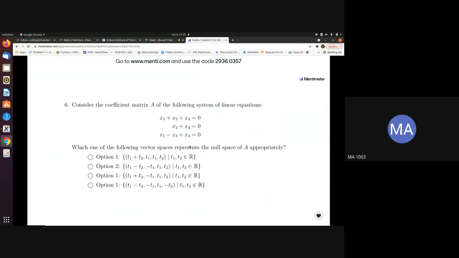So let's start with this problem. I have taken some problems from the activity questions themselves, but I want to discuss the concept basically. I have a set of linear equations, and the coefficient matrix I am calling A. What is the null space of it? It should be easy for all of you.